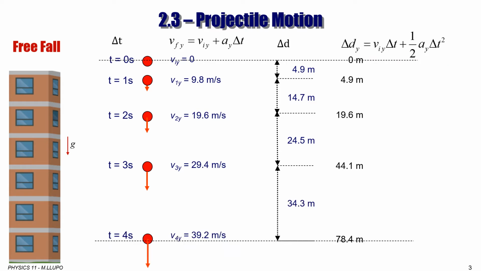And finally, after 4 seconds, it's going to reach where it started. It is going to be 39.2 meters per second, and the displacement is going to be 78.4 down from this reference level. So it's going to be exactly the reverse of if you toss that ball upward.